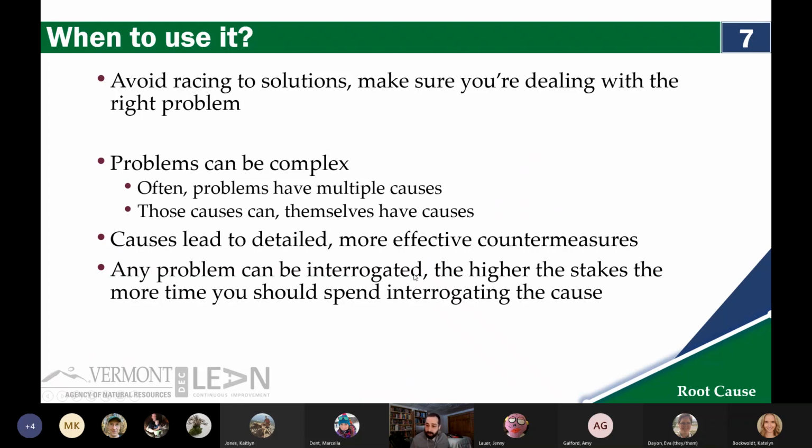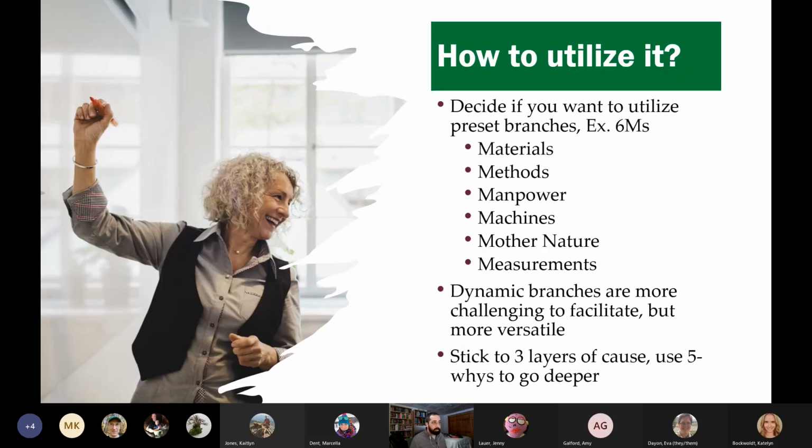And the higher the stakes of the problem you're trying to solve, the more time it's worth spending understanding the contributing factors to that problem. And as for the fishbone diagram itself, every time I've run a fishbone exercise, people come away shocked with how much better they understand the problem and how good they feel about tackling solutions.